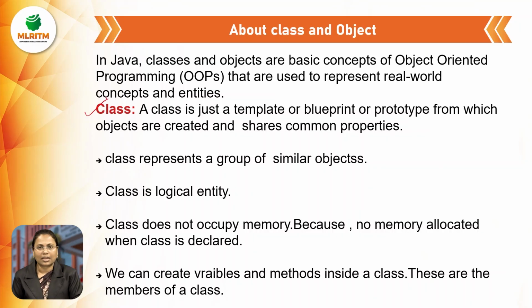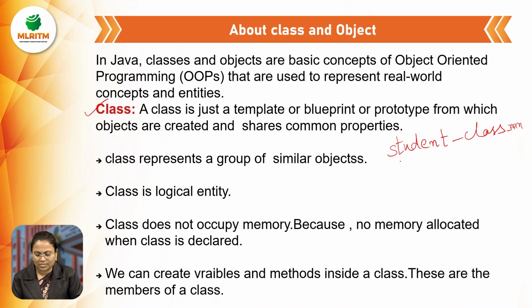What is a class? A class is a template or a blueprint, or it is a logical entity which is used to share some common properties, right? For example, take the example of a student as a class. Student is the class name. So what are the common properties of every student?